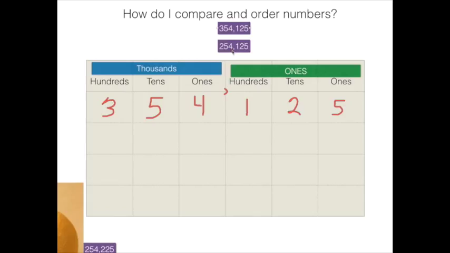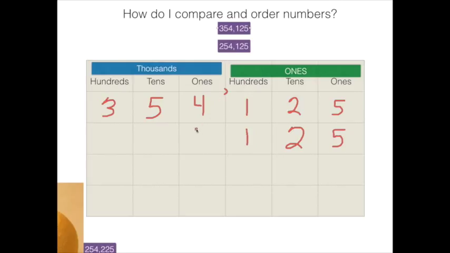This guy down here, well, we'll start over here at 5. Same. So far it's a tie. Now I'll go to the tens. It's got 2 tens, it's got 20. 1, 125. The 4 is in the 1,000s.